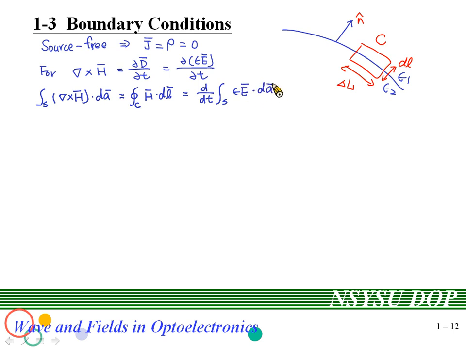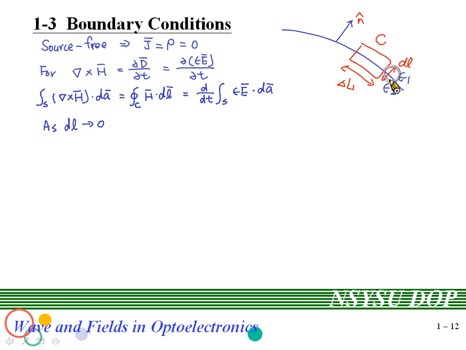Okay, now we consider the situation as dl approaches 0. As dl approaches 0, it means that we press the upper side and the lower side to the interface. So we make dl very, very small, almost 0.